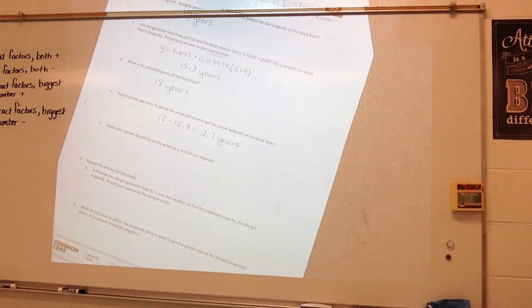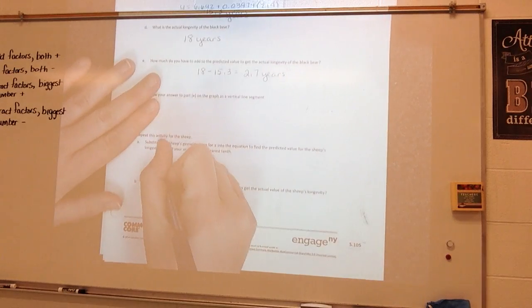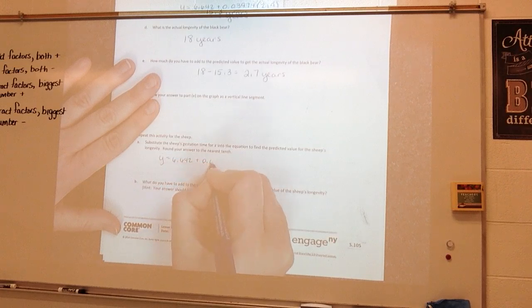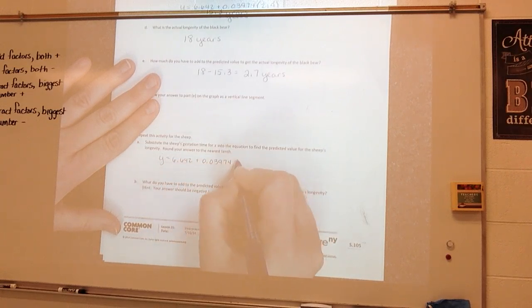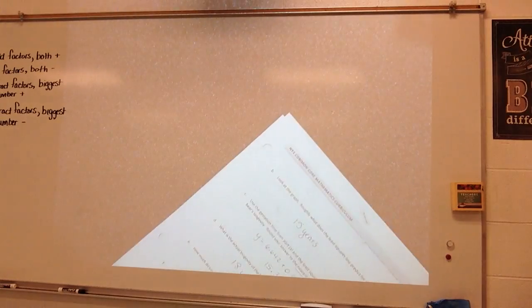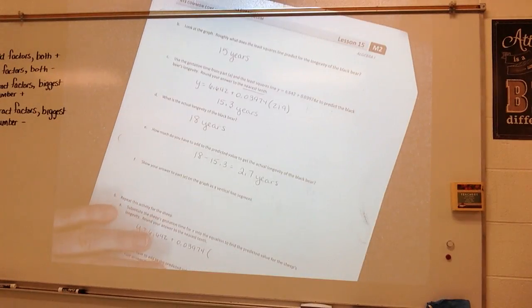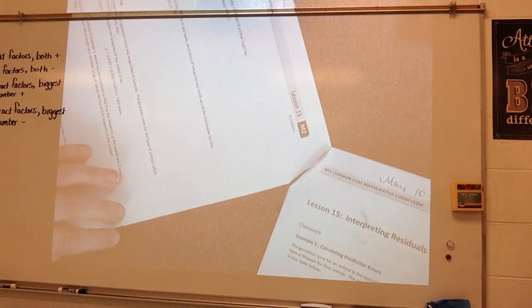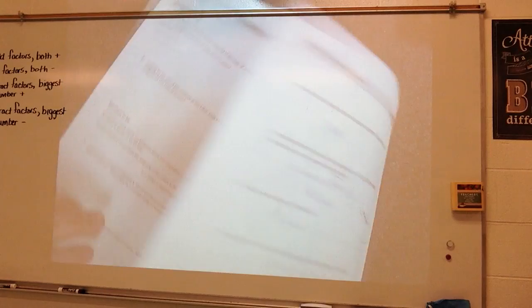Number 6, we're going to repeat this activity for sheep. Substitute the sheep's gestation time for x into the equation to find the predicted value for the sheep's longevity. Round your answer. So y equals 6.642 plus 0.03974 times the sheep's gestation, which is 154.